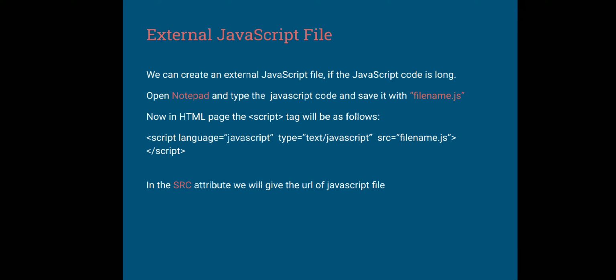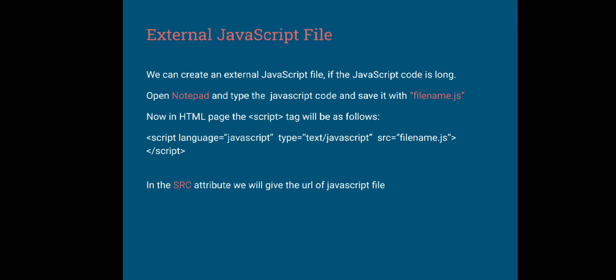Now, in the HTML page, whenever you are writing a script tag, one more attribute we are going to use other than language and type, that is the src, source attribute. The value of the source attribute will be the URL of the JavaScript file.